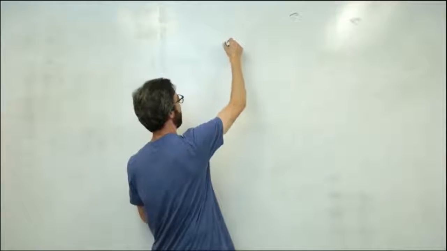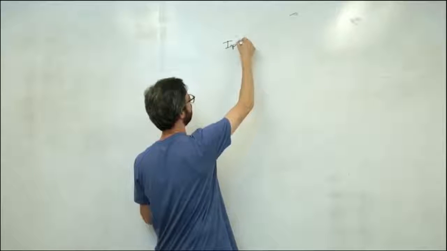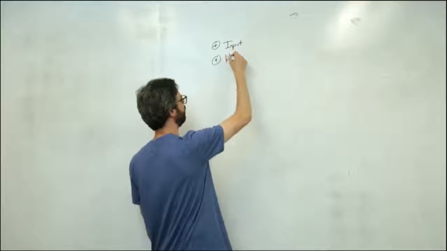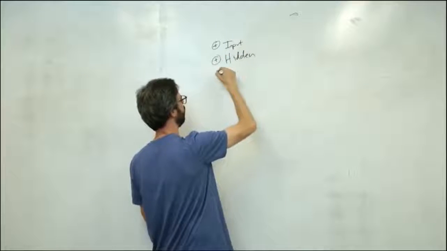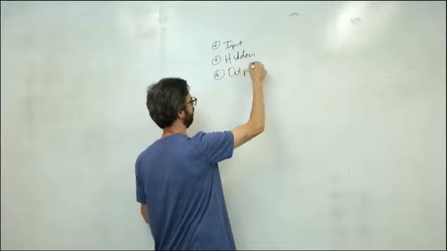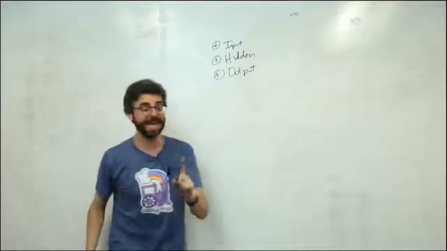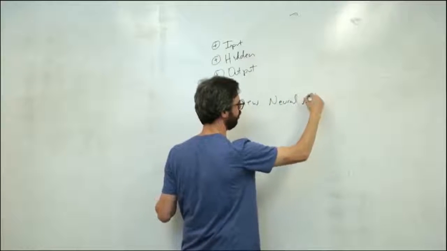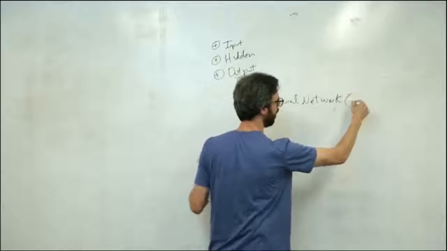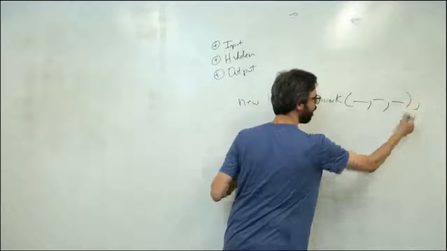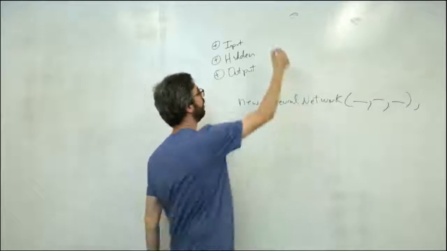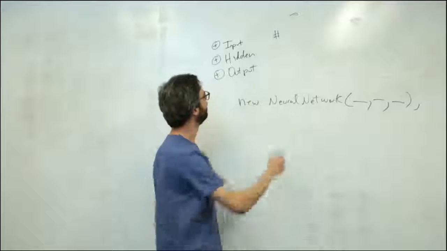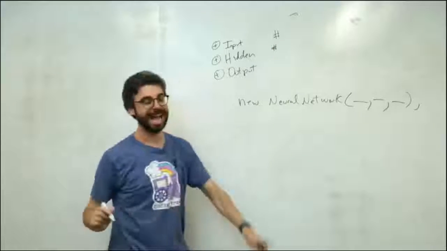I want to create an input layer, I want to create a hidden layer, and I want to create an output layer. So the way I want to design this library is I want to say new neural network, and I want to give it, can you see this? I think you can. I want to give it three arguments.